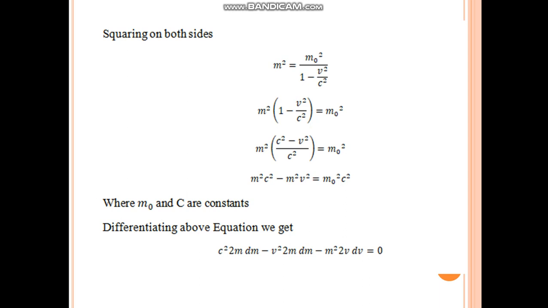We finally will get c square 2m dm minus v square 2m dm minus m square 2v dv is equal to 0. Then after simplification we will get the term c square dm is equal to v square dm plus mv dv.